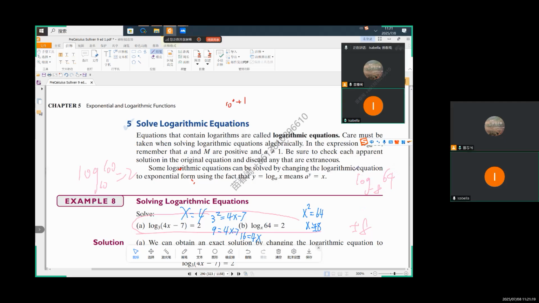Well, negative 8 to the power of 2 still equals 64, doesn't it? Well, we have a definition. This A part can't be negative. Okay, it'll be more difficult to say. Yeah, okay, I understand.